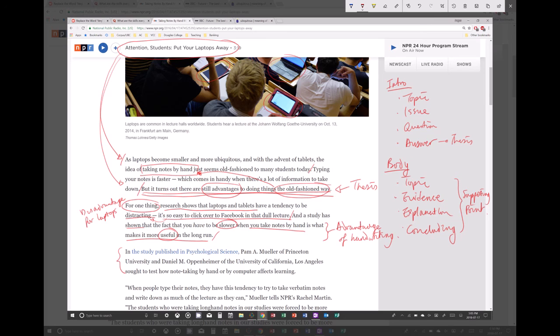And I'm going to skip to the conclusion to show you what that looks like. But for now, remember, each paragraph in any article that is academic, at least, has a particular structure that you can use to quickly understand what you're looking for and know what to circle and what to underline and what to write in the margins, like this, to help you write in your notes.